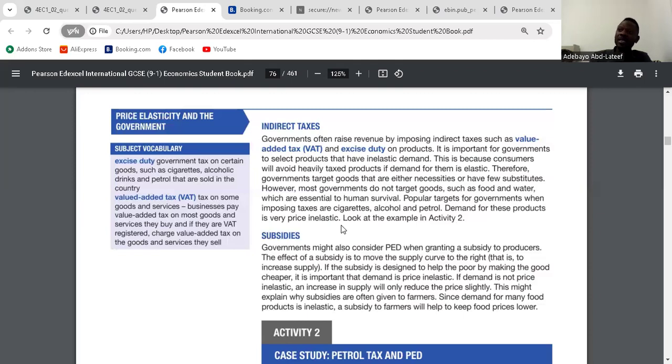Because a subsidy for farmers ensures that food from the farm, agricultural products, becomes affordable. Do you understand? These agricultural products are what we depend on. So government will subsidize to increase the supply of agricultural products at a reduced price.